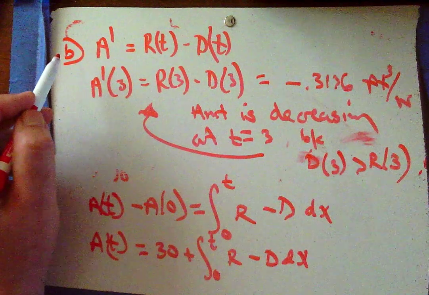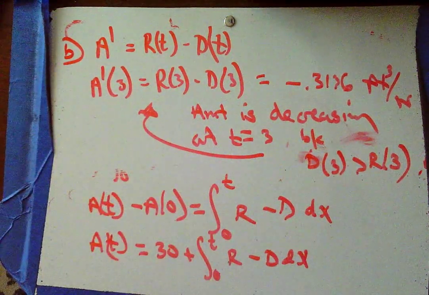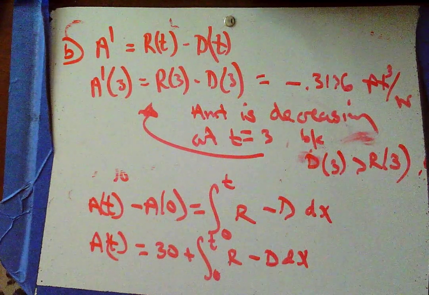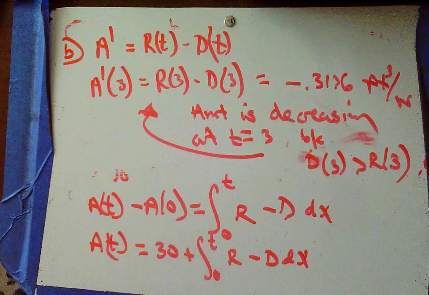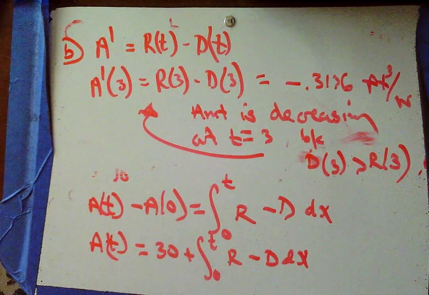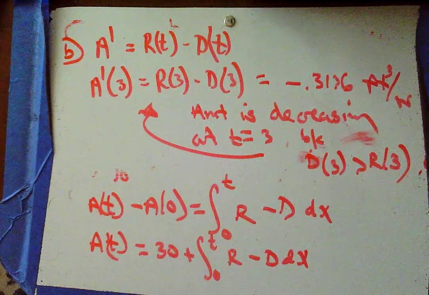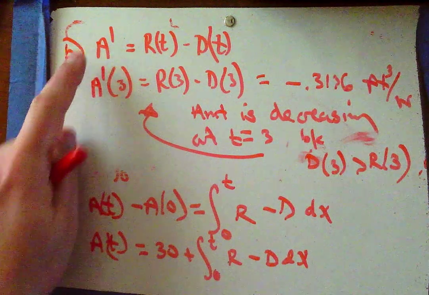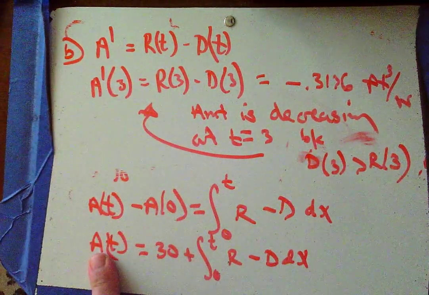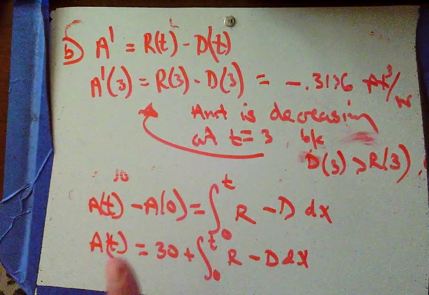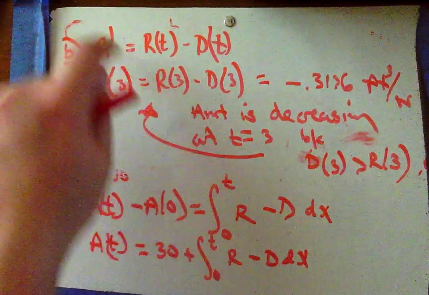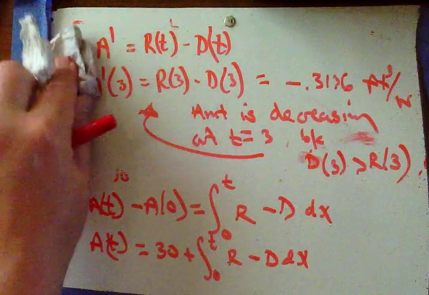Part C says, on the interval 0 to 8, at what time is the amount of water in the pipe at a minimum? Okay, so again, we want to know when the amount is a minimum, so I want to take the derivative of the amount and set the derivative equal to 0.